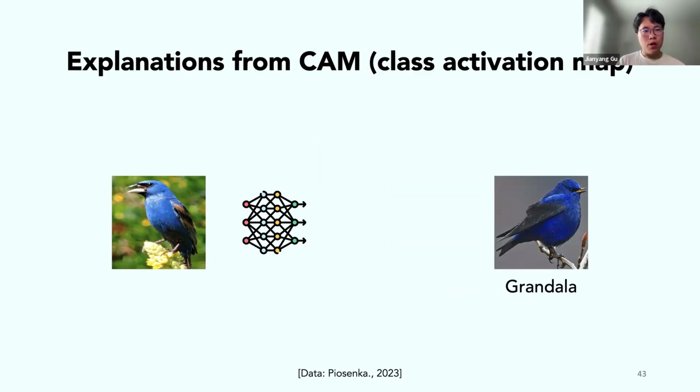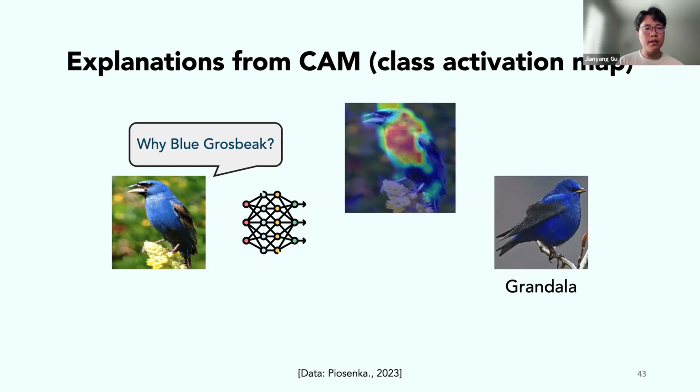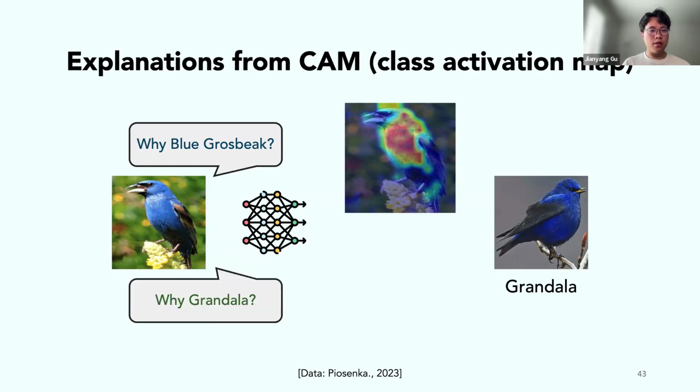And now we want to explain the first image, why it is a blue grosbeak. And the method will tell us, oh, it's mainly because of its blue, of course, right? It has blue in its name. Of course, the blue should be a very significant feature. But what if we ask the model to explain the grand daughter?